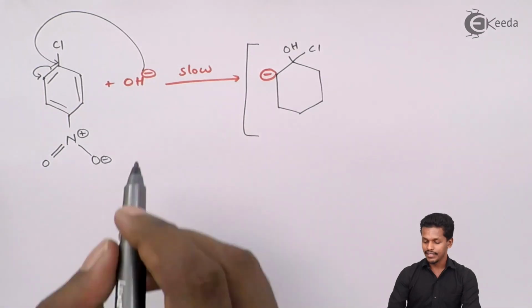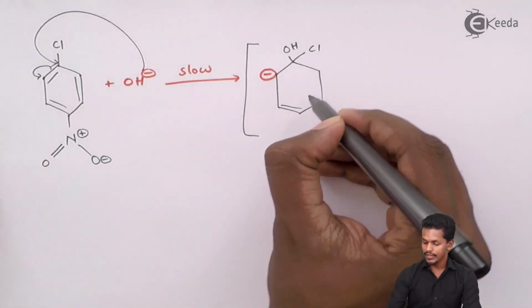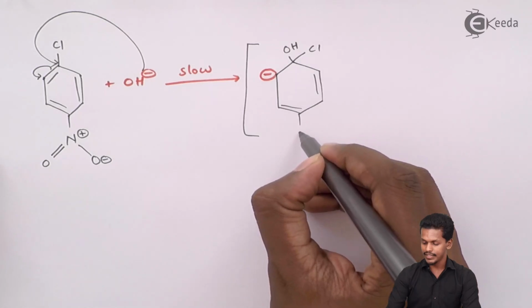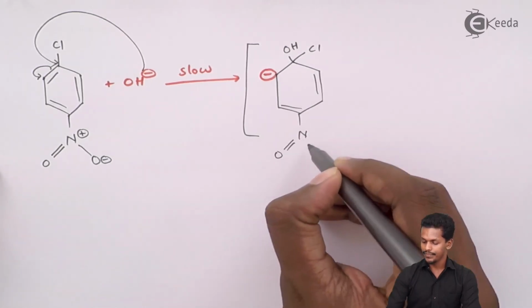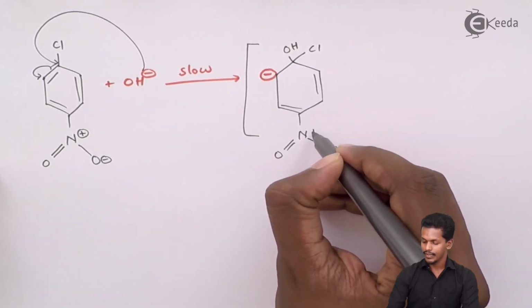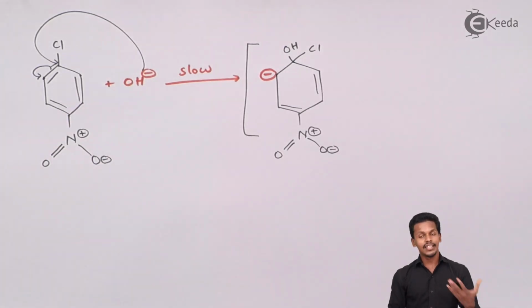But meanwhile, the pi bond here will remain as it is, and this is how I could get the structure. And again, the possibility is that there will be shifting of electrons, and that is what we are going to talk about, the resonating structures.